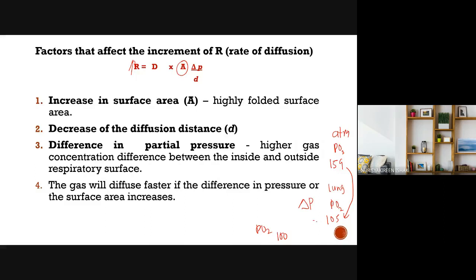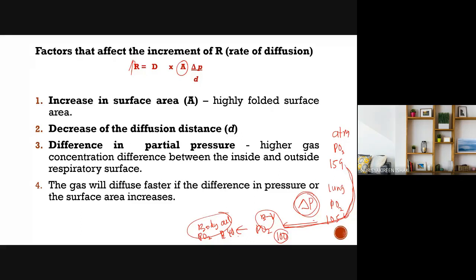So daripada alveolus into blood vessels, okay? From blood vessels into body cell, dia punya partial pressure of oxygen is around 40, something like that. So nampak daripada 100 pergi ke 40. Okay, so from the atmosphere into the lung, into the blood vessels, into the body, so nampak the difference in partial pressure will be lower, will be reduced.